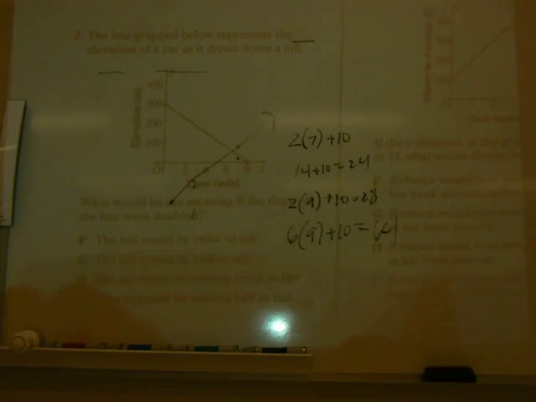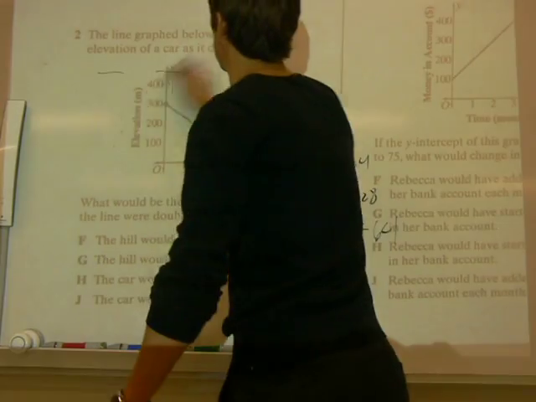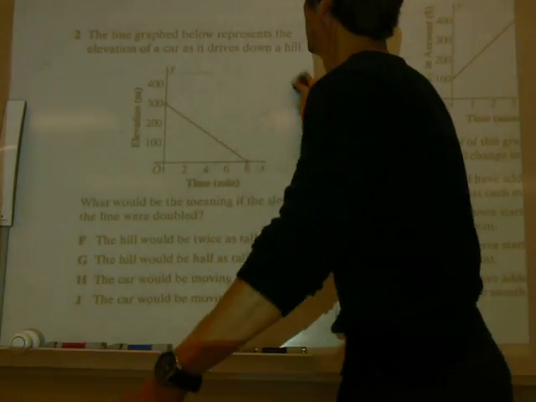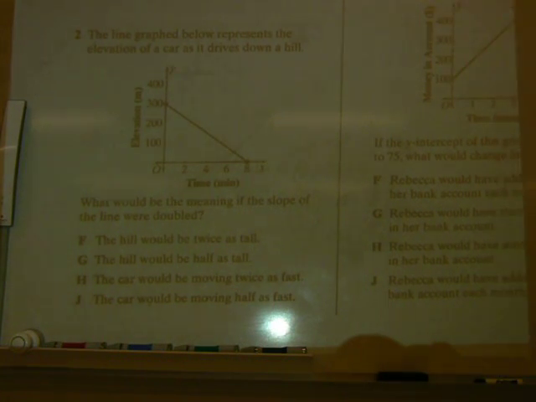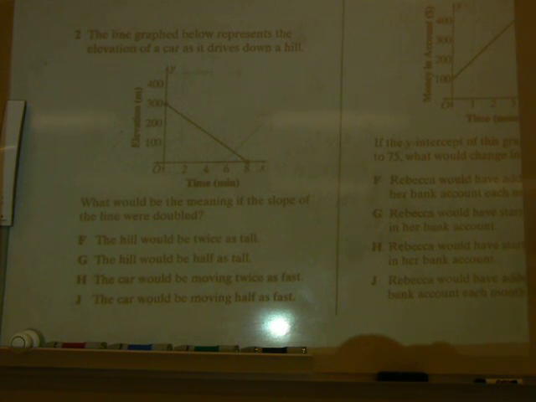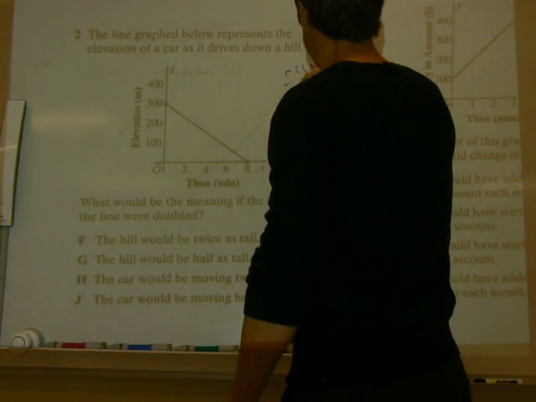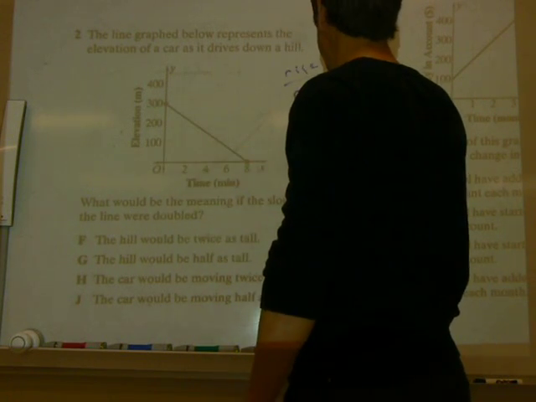quick. The line graph below represents the elevation of a car as it drives down a hill. Okay? Now, it says, what would be the meaning if the slope of the line were doubled? Look, if the slope were doubled, okay, right now, remember, slope is rise over run. That means rise down 300.